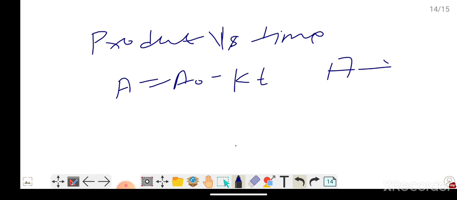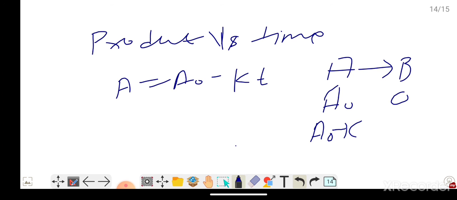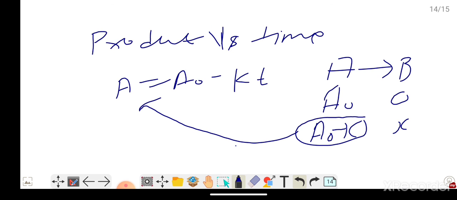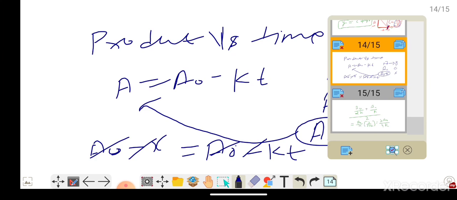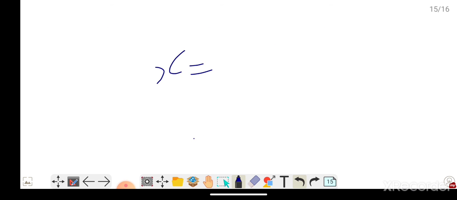Now if the reaction proceeds from A to B, the concentration of A is initially A naught and the product is 0. So A naught minus X is A, and it forms X. Now A naught minus X is equal to A naught minus KT. So the A naught cancels, and the negative sign cancels. So X is equal to KT.